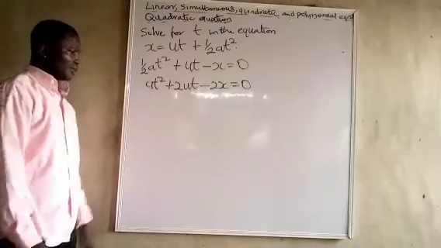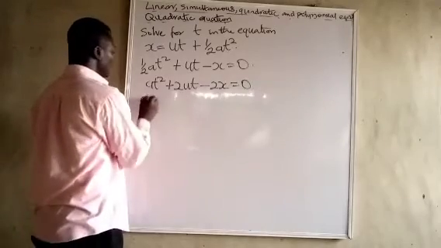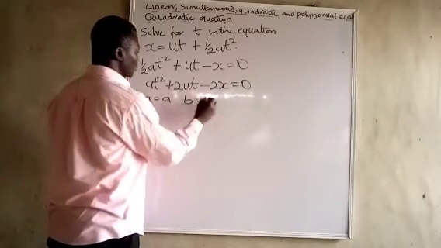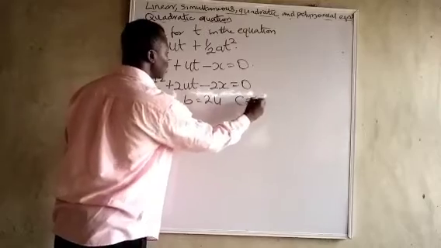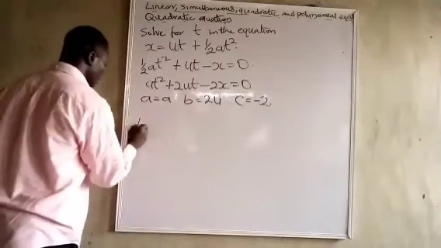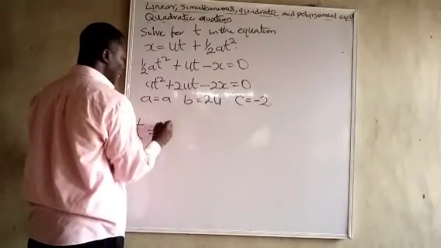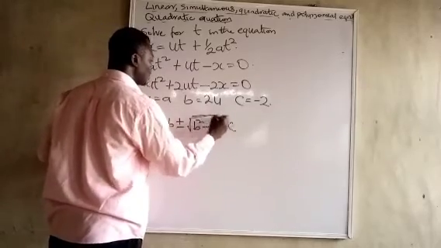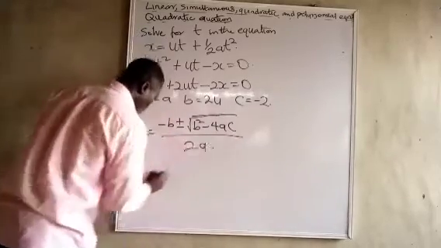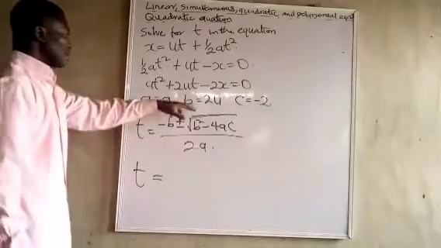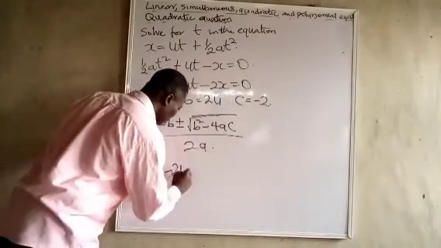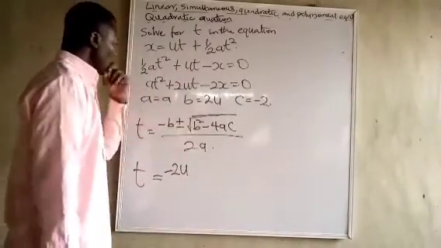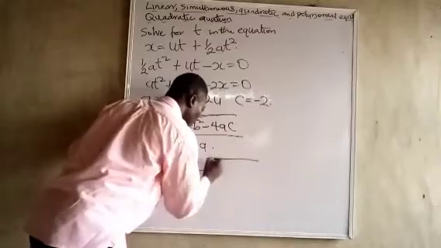I can continue from here, I can use it like this. So from here, a is a, b is 2u, c is minus 2x. Therefore, t is equal to minus b plus or minus root b squared minus 4ac over 2a. And from here, we notice our c is minus 2x. So we have plus or minus roots.